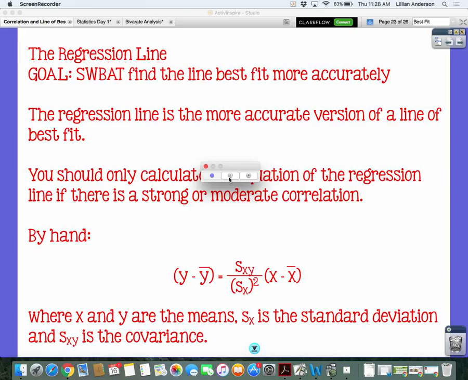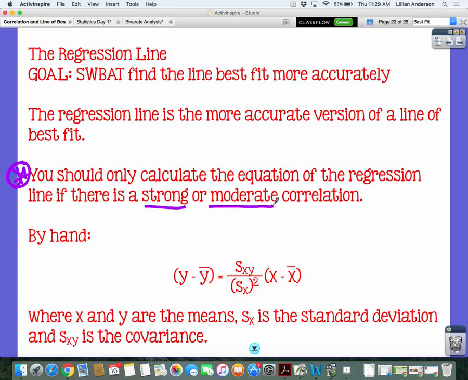Now you should only calculate a regression line if there is a strong or moderate correlation. It has to be strong or moderate in order for you to calculate a regression line. Now, if it's weak, very weak, or if there's no correlation at all, then there's no need for a regression line. Only for strong and moderate correlation. How you do it by hand, that's the formula you need there.